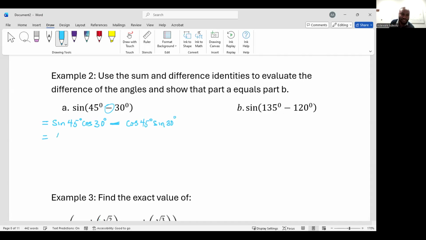So sine of 45 degrees, root 2 over 2, cosine of 30, root 3 over 2, minus root 2 over 2, sine of 30 degrees, that is 1/2. So that is root 6 over 4 minus root 2 over 4, which is root 6 minus root 2 over 4.